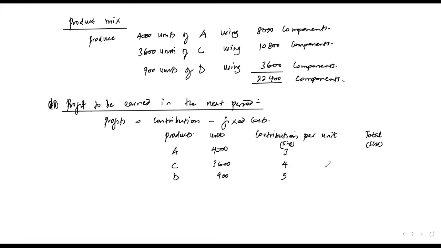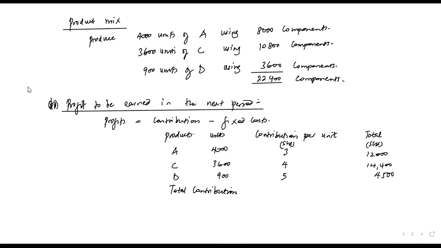If I want to get the total contribution, I'll just multiply 4,000 times 3. That is 12,000. 3,600 times 4 is 14,400. Then 900 times 5 gives us 4,500. So what is our total contribution?